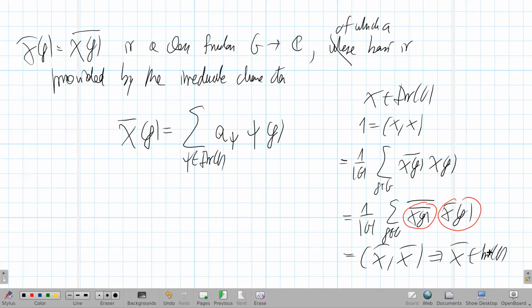I must have mentioned this already, but if you compute the inner product of chi bar with itself, which is this product, you'll find that this equals the sum of a_psi squared.